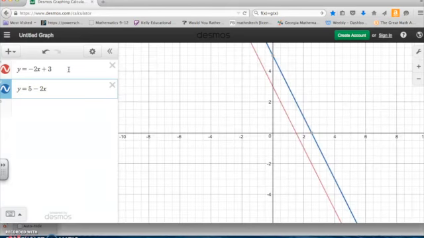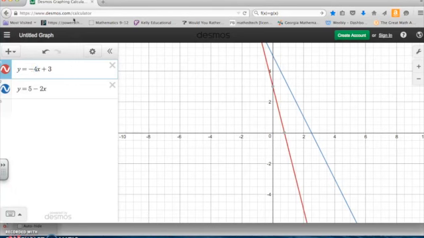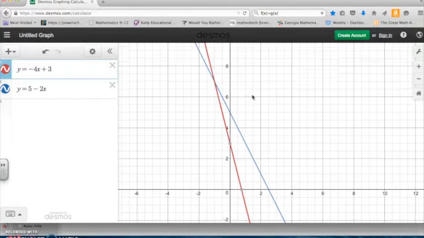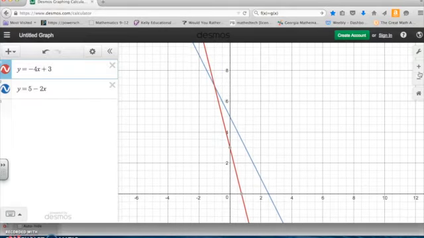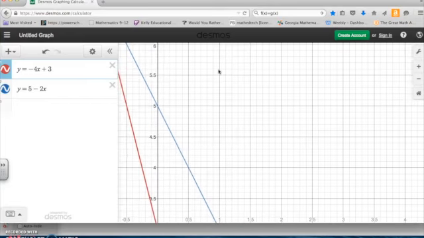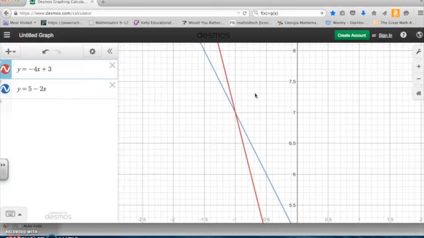Now, just to give you an example, this is a separate example, this is not on your paper, of how you would find the intersection. Let's just say that we had changed this, and this was a slope of negative 4. So if I go up, I can see that these are going to cross. To see what this point of intersection is, I can zoom in and get closer and closer.